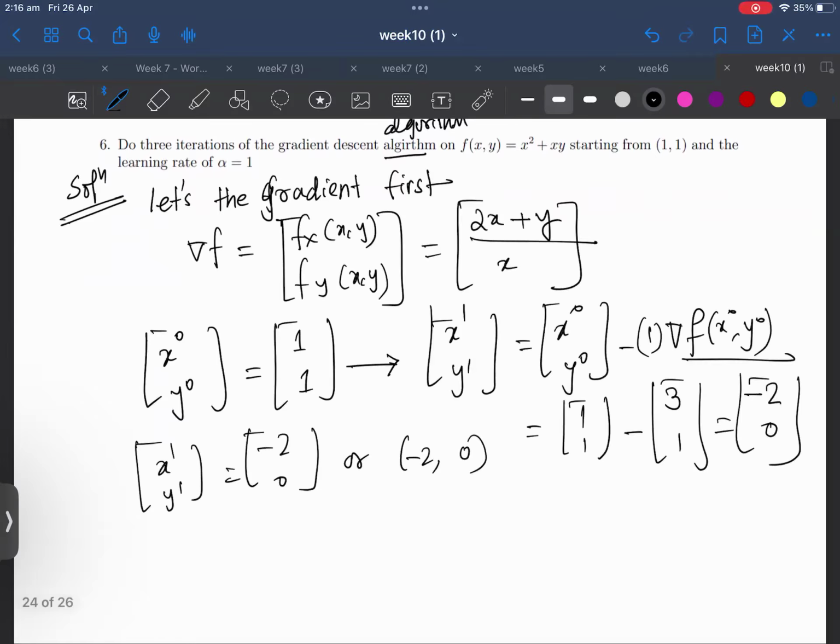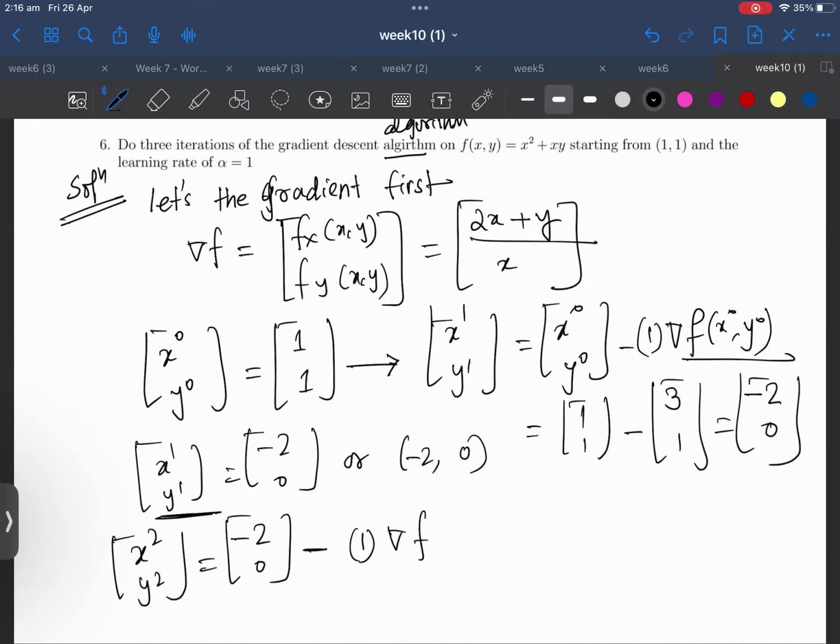Similarly, you need to find x2 and y2, the second iteration, equal to minus 2, 0. I mean, this is x1 minus 1 times the gradient of f at x1 and y1, basically.